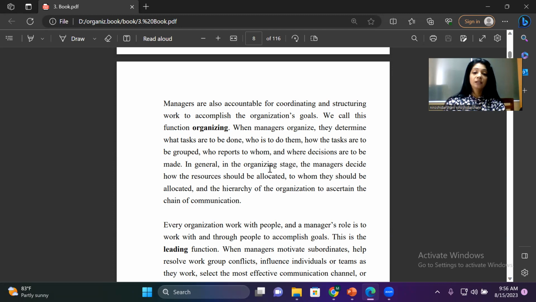In general, in the organizing stage, the managers decide how the resources should be allocated, to whom they should be allocated, and the hierarchy of the organization to ascertain the chain of communication. It means who should report to whom. Hierarchy, you know, right? So it comes down like that.